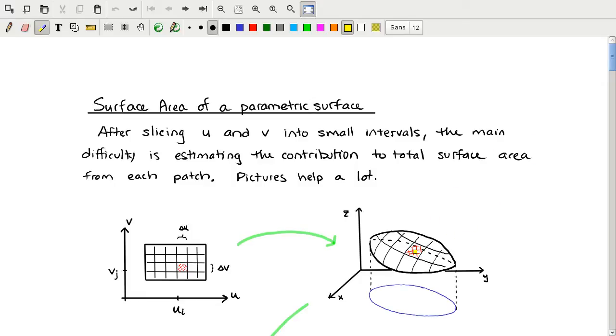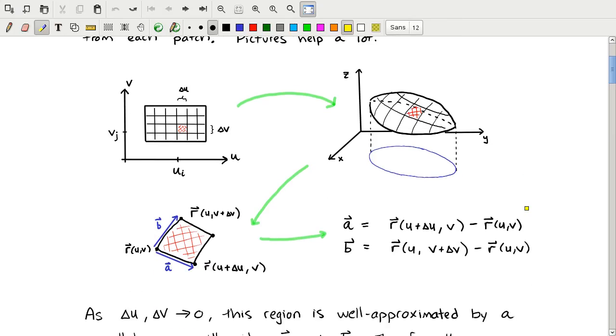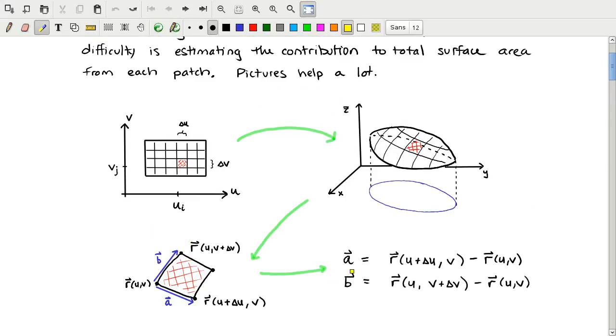Now let's zoom in on this patch and see what we can say about it. This patch has 4 corners. There is, say, the bottom left corner in the UV plane. That corresponds to a point, the vector function r of u and v. That could be maybe u i and v j to be more precise, but I've dropped the i's and j's in the following.